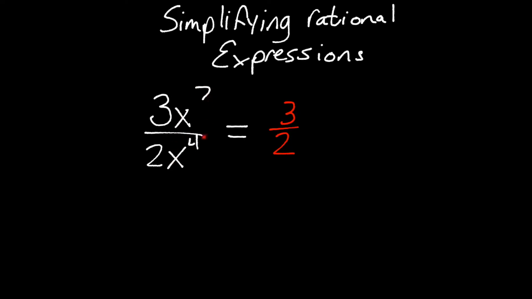Now we look at the variables. Most importantly, do we have the same letter for our variable? And yes, we do. They both are x's. One is x to the 7th, the other is x to the 4th.